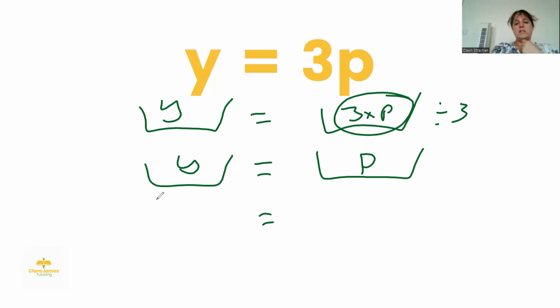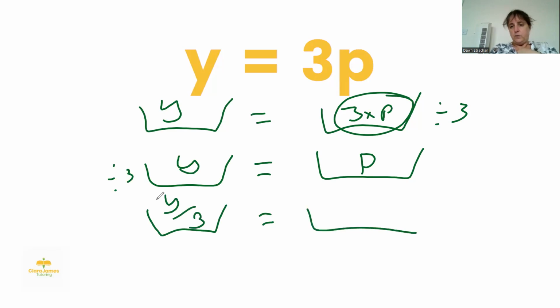So therefore, I need to divide this side by 3 as well, which will give us y divided by 3 equals p. And now our scales are nicely balanced and we've got p as the subject. So we've got p equals y divided by 3. There you go. Perfect.